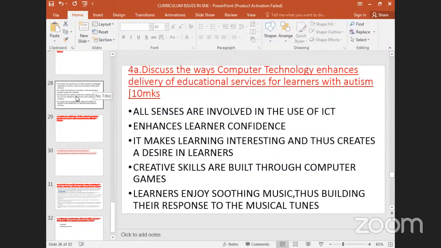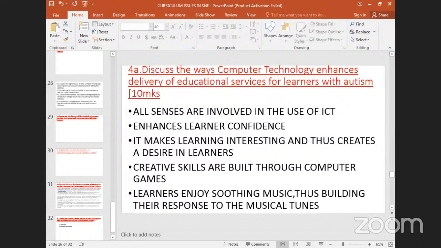And remember, also through the computer, the use of ICT, these learners are able to express themselves. When they get the time to draw, they express themselves through drawing.